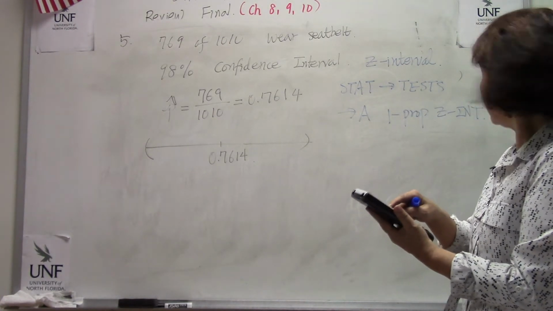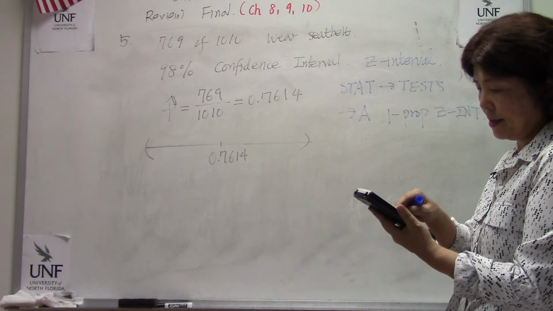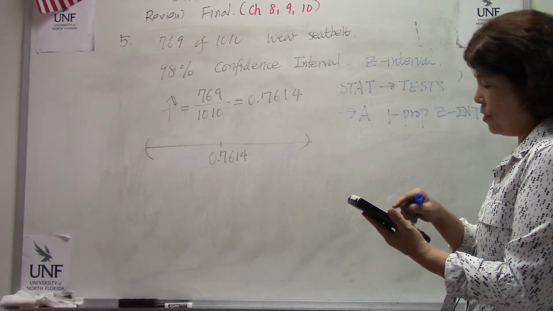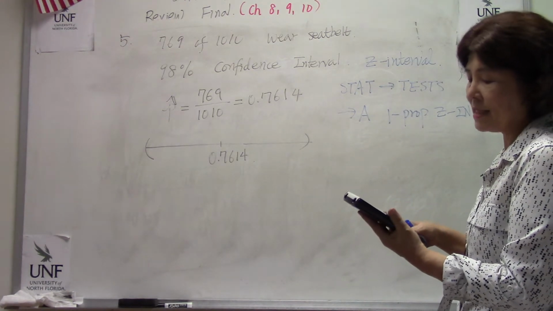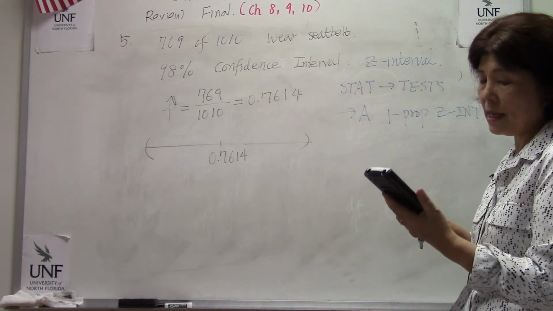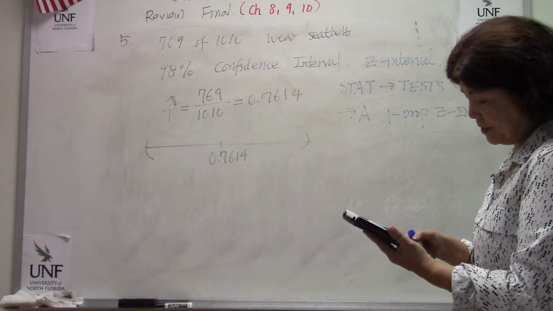STAT, TEST, option A, 1-PropZInt. Yes, not just ZInterval, okay? 1-PropZInt, and you enter these numbers.